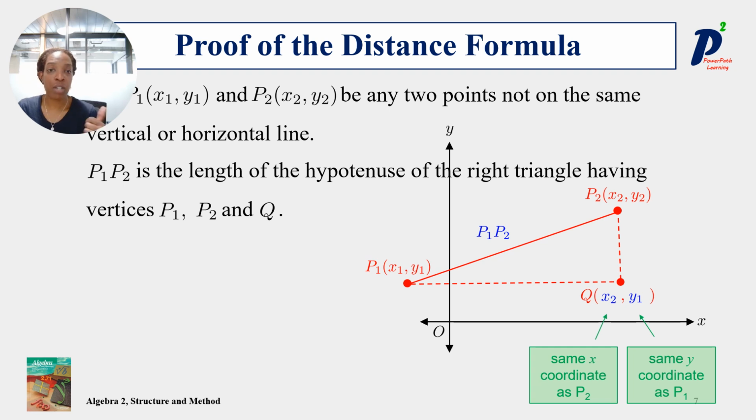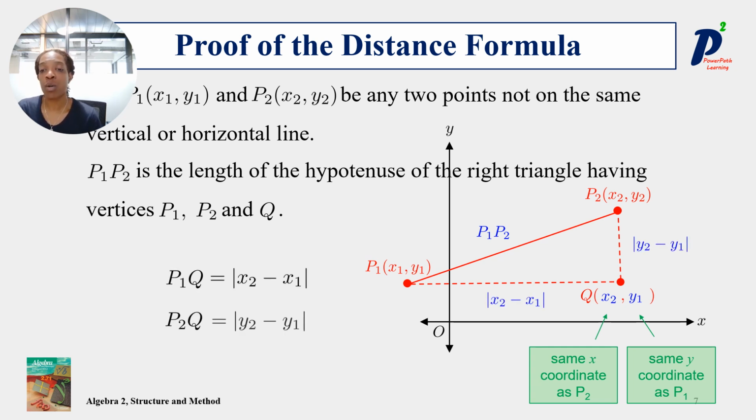So our coordinates of Q are x2 and y1. Therefore, the length of P1Q is the absolute value of x2 minus x1, and the length of P2Q is the absolute value of y2 minus y1.